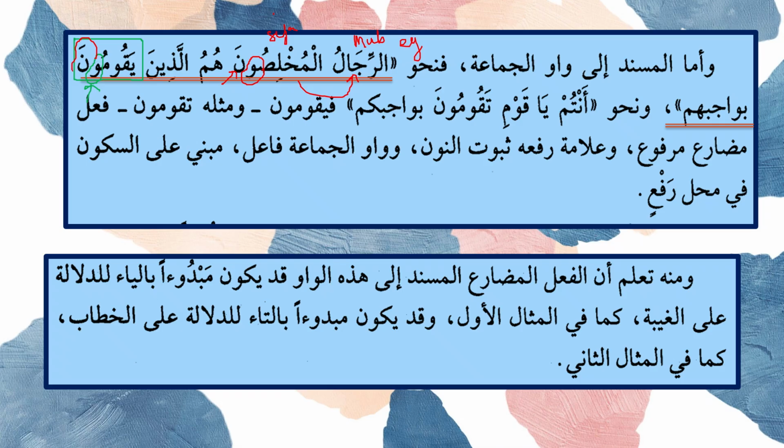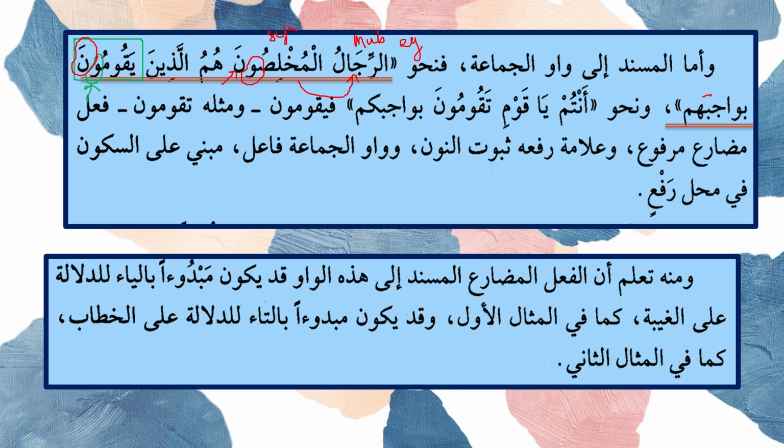This is our noon that comes with the waw of jama', and this noon is present in the present tense, and it gives you the information that this present tense yaqumun is in marfu' case. So what is the sentence? Ar-rijalul mukhlisuna humul ladhina yaqumuna biwajibahum.